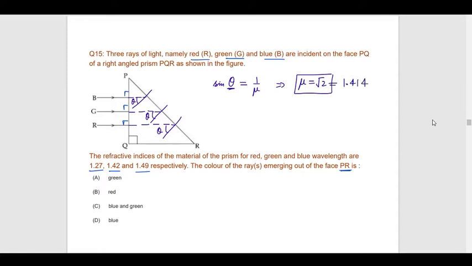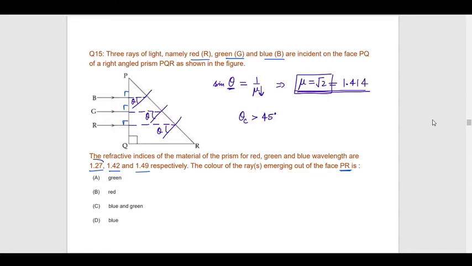So any light ray which has the value of refractive index less than root 2 will have its critical angle theta more than 45 degrees, right? So we should look into those light rays which have refractive index less than under root 2.